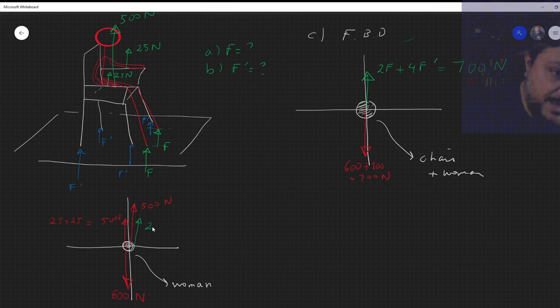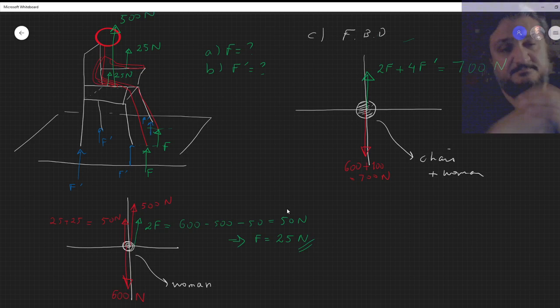This was 2F. One from right, one from left. So 2F is equal to 600 minus 500 minus 50, which is 50. Which makes F equal to 25 newtons. All right.